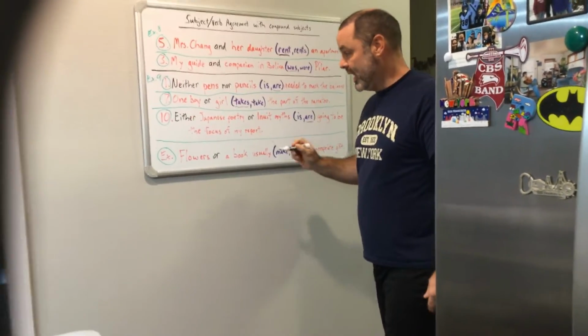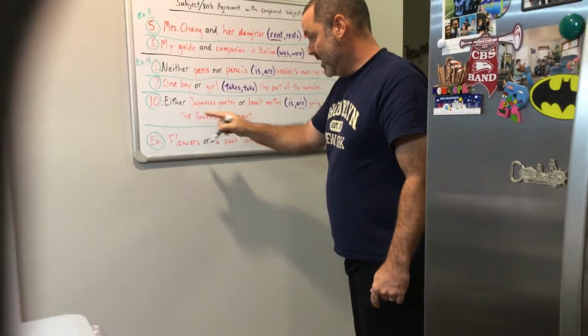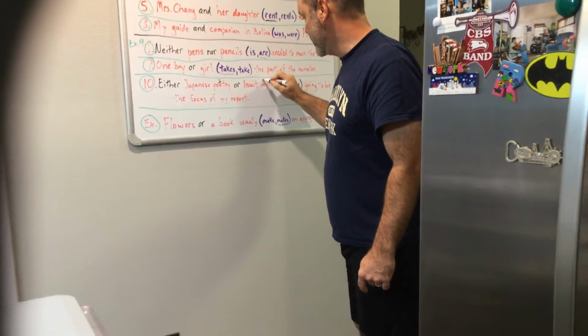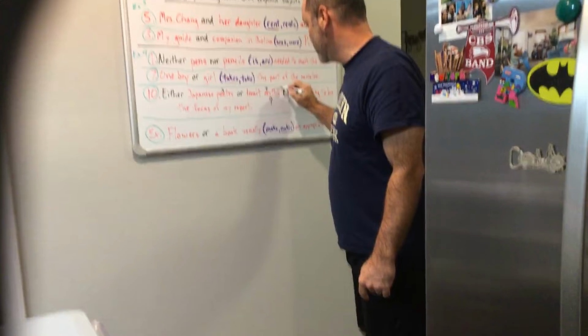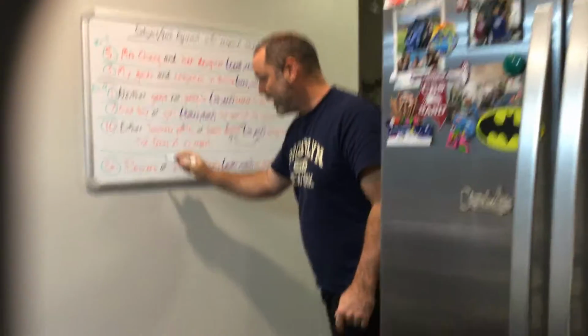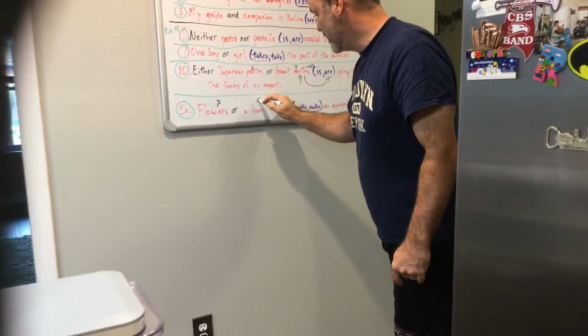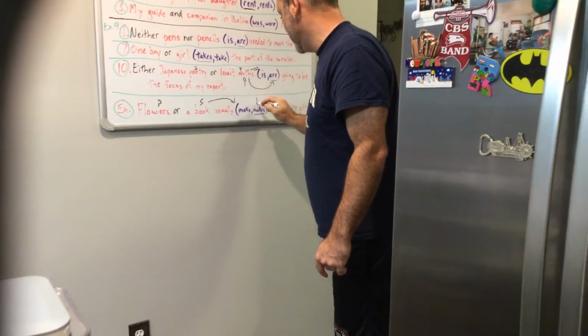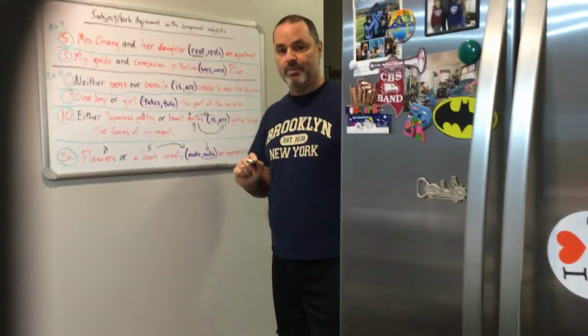Okay? So again, in number 10, the first choice is singular, the second choice is plural. That one is closer to the verb, so I need plural. Here I have plural, singular, and singular is closest to the verb, so I would need the singular verb.